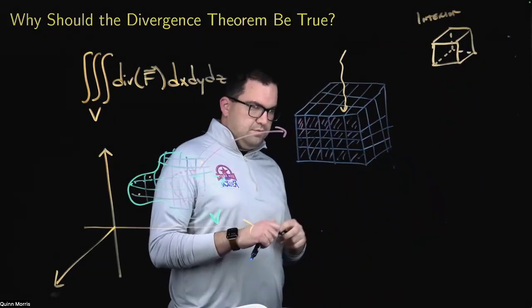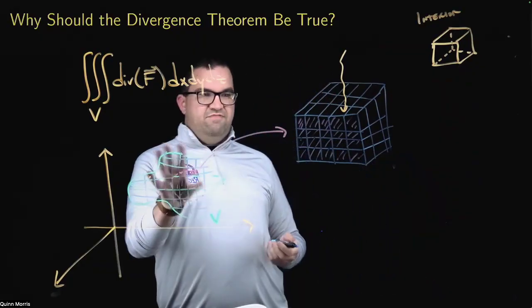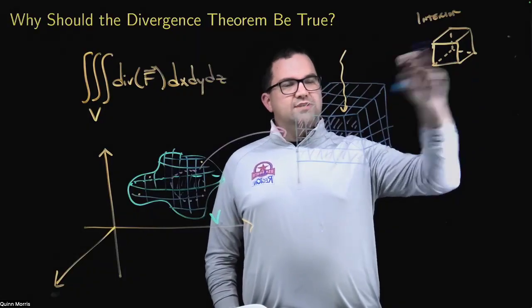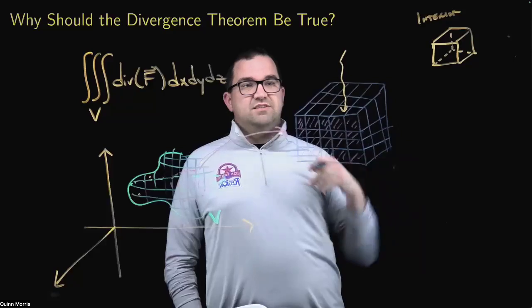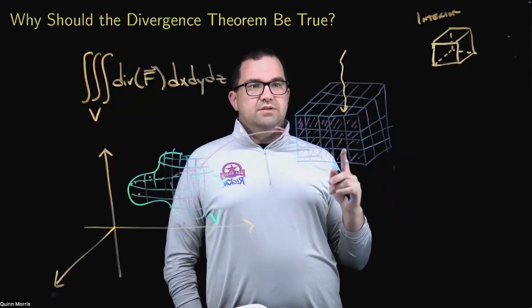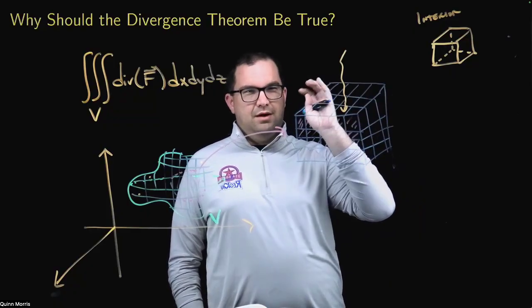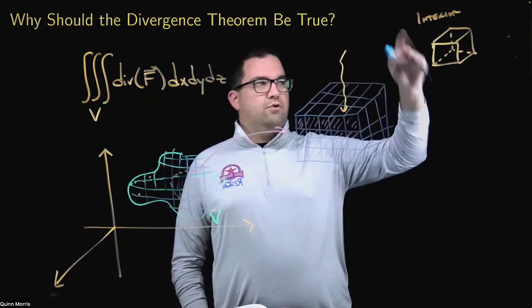Now, I've got a vector field defined on this whole thing. Along each face of this cube, there is a single vector. Of course, I'm thinking infinitesimally, otherwise there'd be many, many vectors. But there's one vector of the vector field on each of these faces.